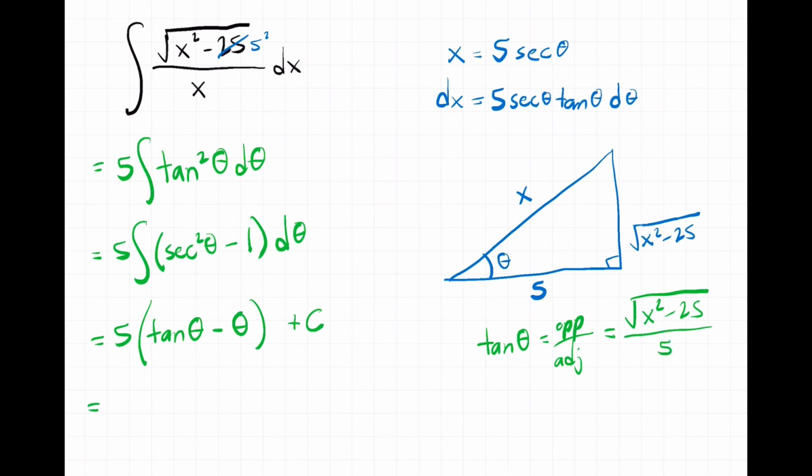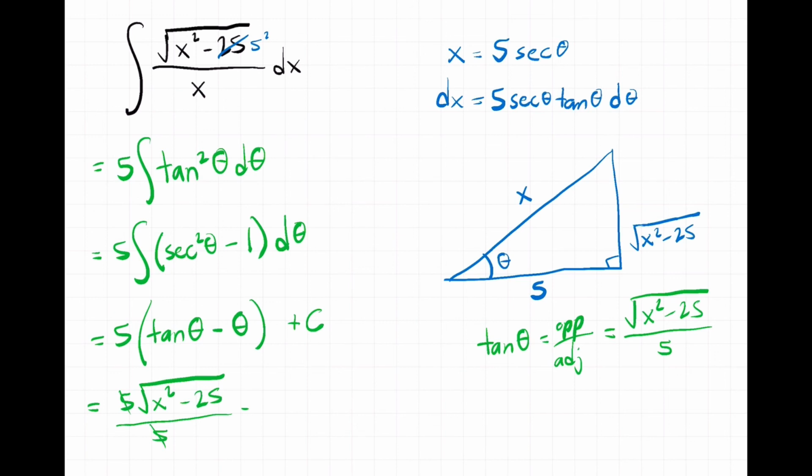So we have 5. I'm going to distribute this 5 in here as we go. So we've got 5 times tangent theta, which is the square root of x squared minus 25 all over 5. Those 5's cancel out, which is handy. Minus theta. Now, what is theta?